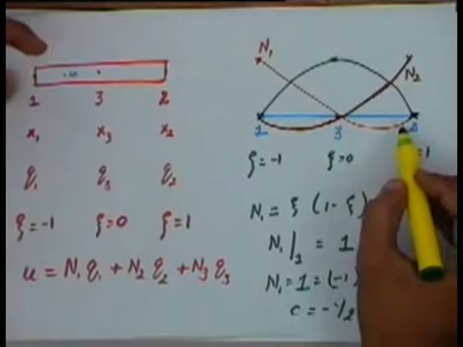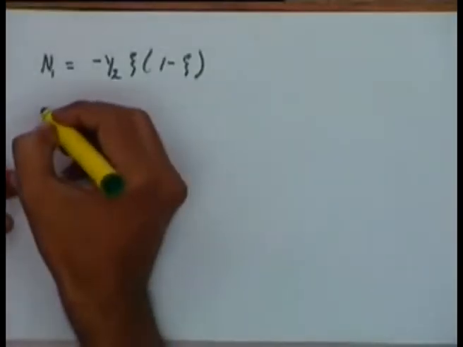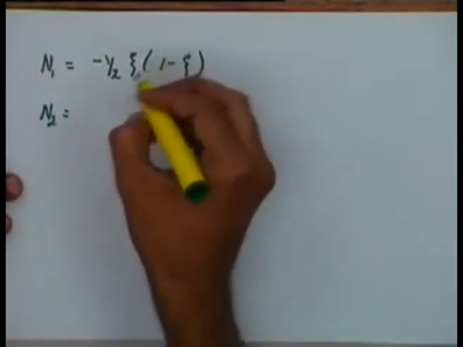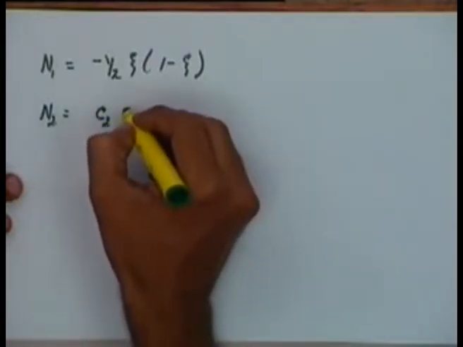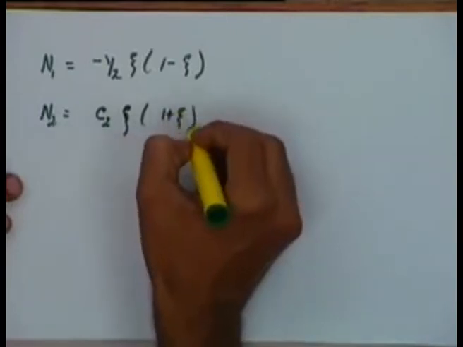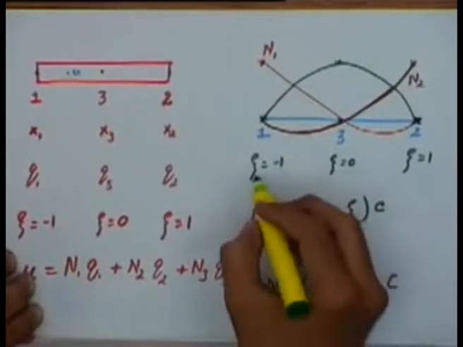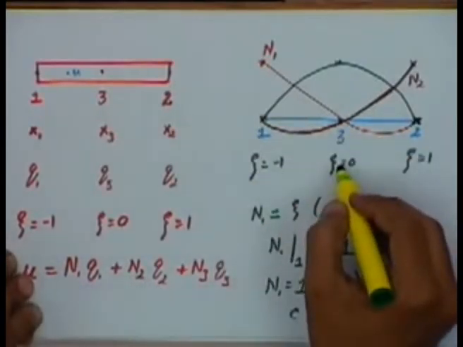Similarly, if we look at N2, N2 will have some constant, let us say C2, multiplied by zeta and multiplied by 1 plus zeta. That is because at zeta equal to -1 it has to be 0 and at zeta equal to 0 it has to be 0.